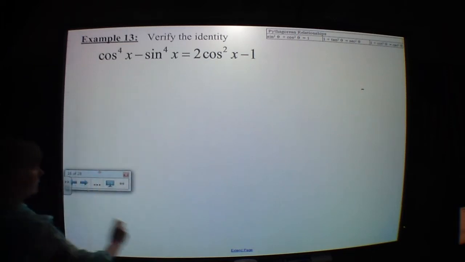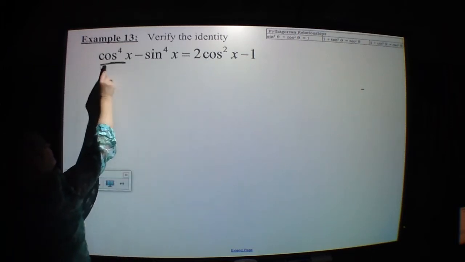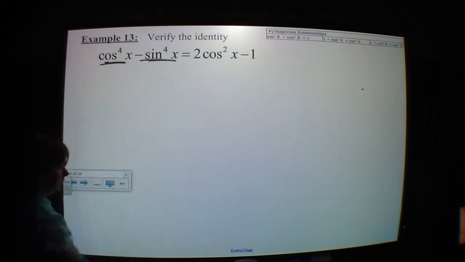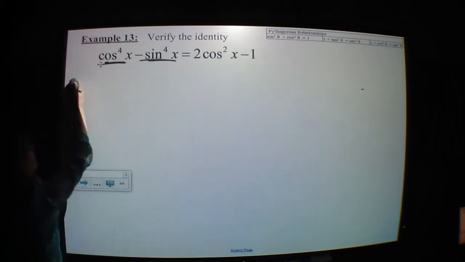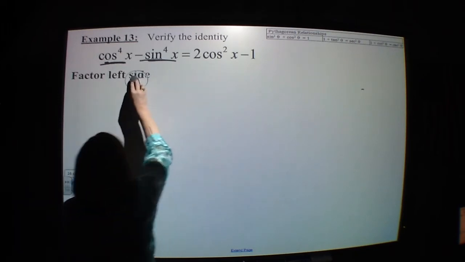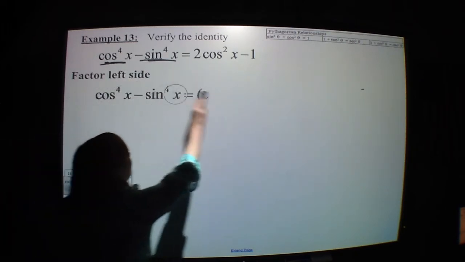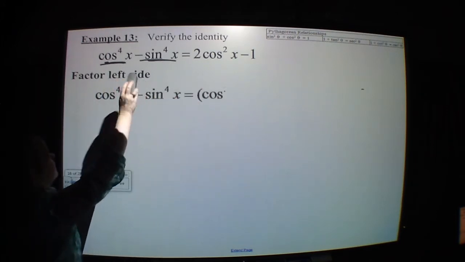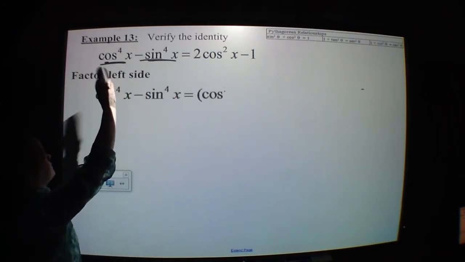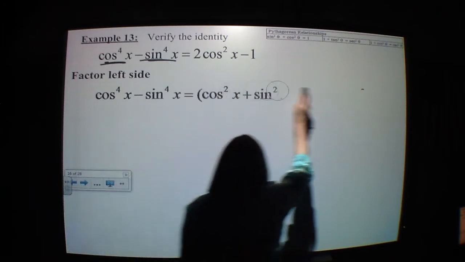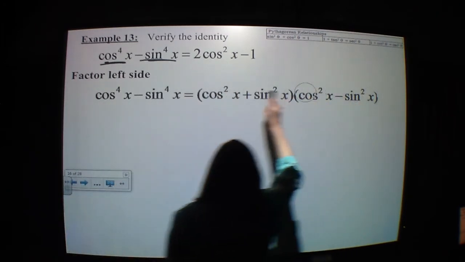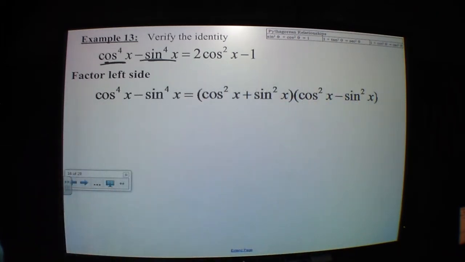Perfect square, perfect square. So let's factor that. It factors into the cosine squared minus sine squared times cosine squared plus sine squared. So there's what it factors into, the plus and minus.